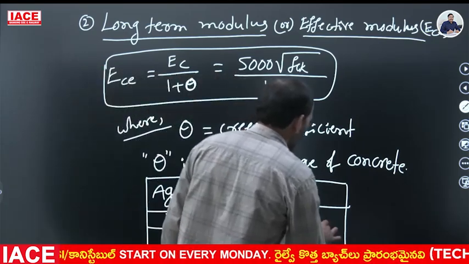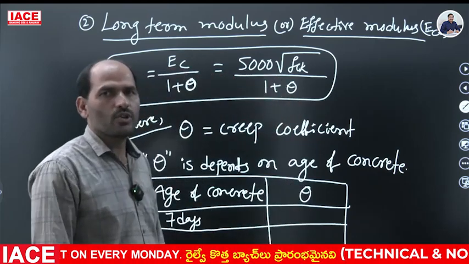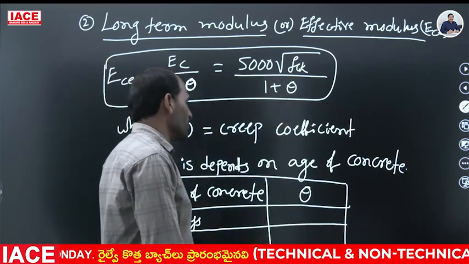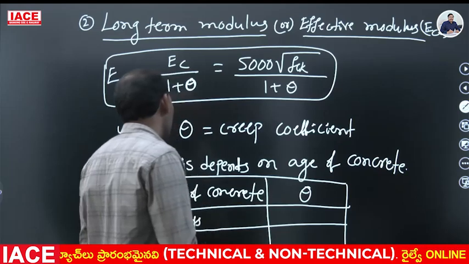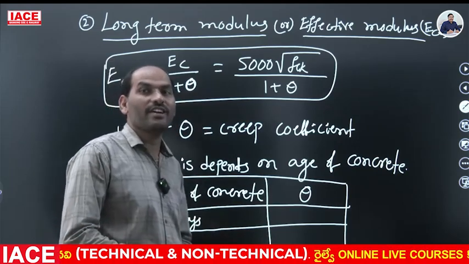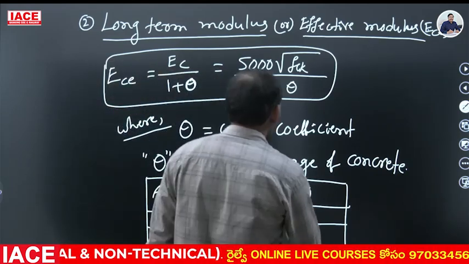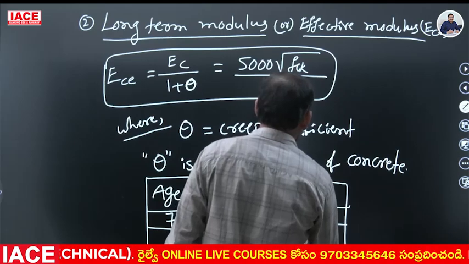As per code IS 456, the creep coefficient value for 7 days age of the concrete is 2.2.